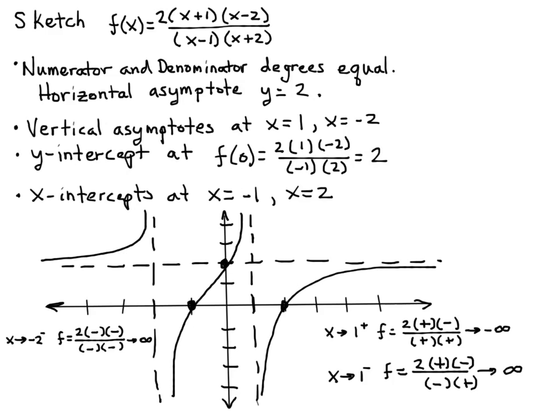Now, if I go to 1 from the negative side, look what changes. All of these are the same except this one here. When I'm just slightly below 1, this is going to be negative. When I'm slightly above 1, this is positive. And so that's what changes here. And then this whole thing works out to be positive, so it's coming down from the positive side.